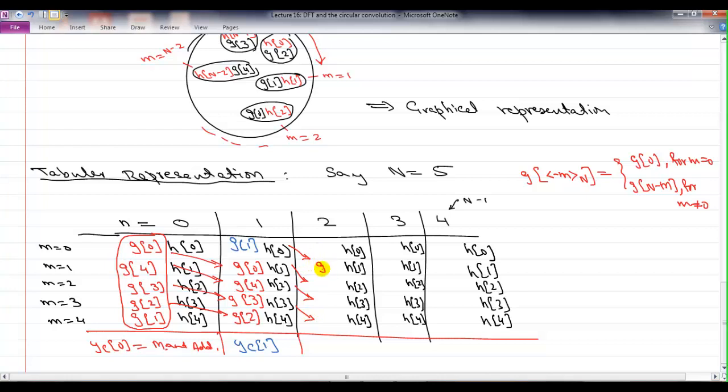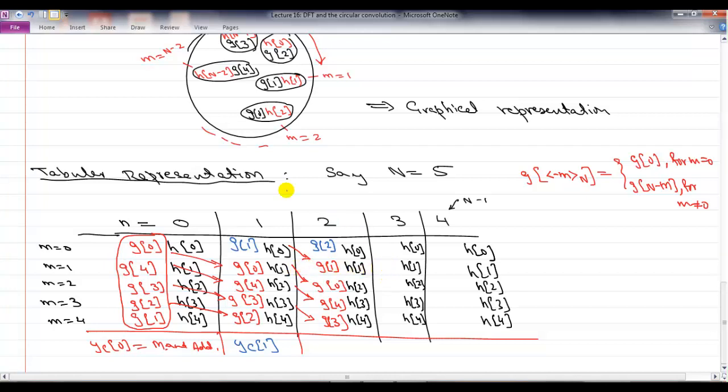So G1 moves to the second row, G0 moves to the third row, then I have G4, then I get G3, and since G2 has no place to go downward, it goes back to m equal to 0. Again, I multiply all of these terms in each row and add up all the quantities, and that will help me calculate YC of 2.